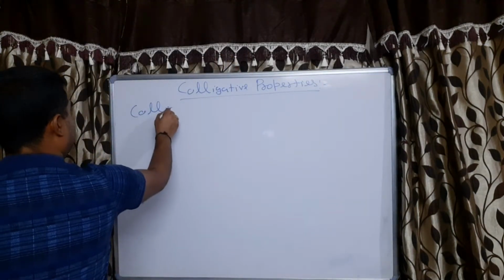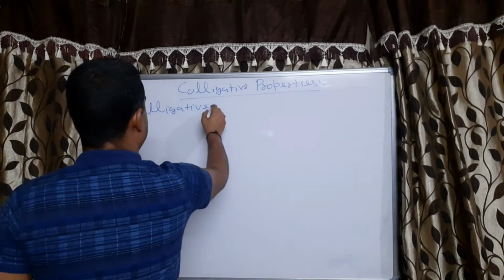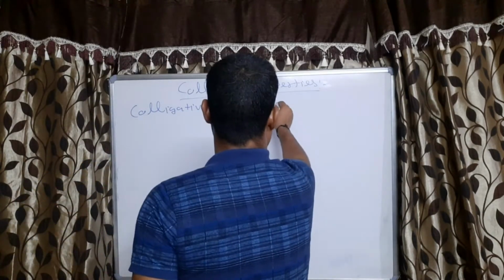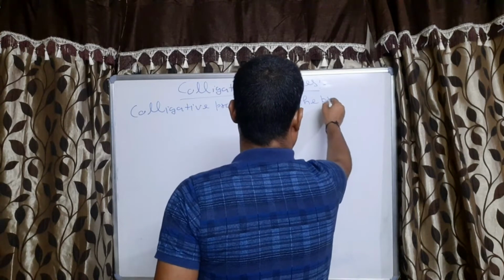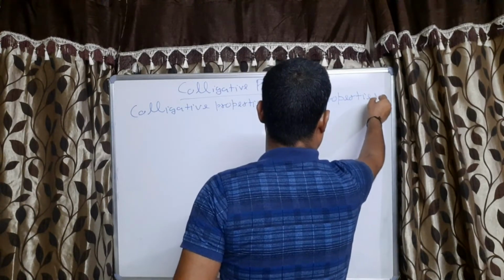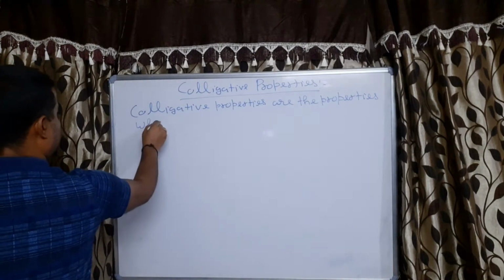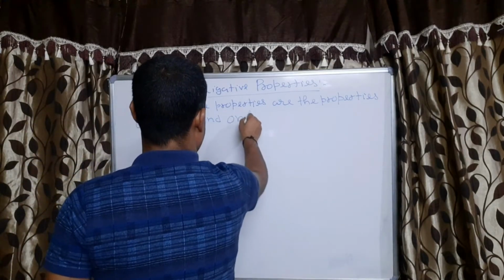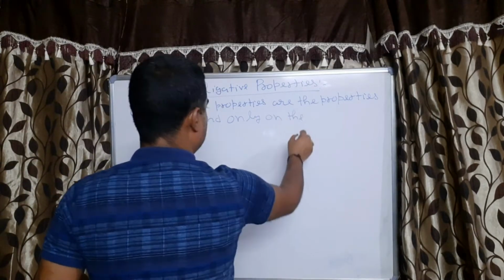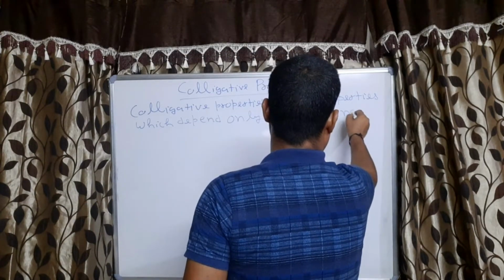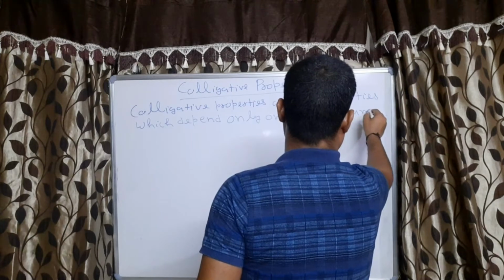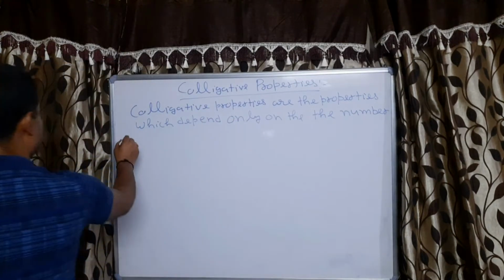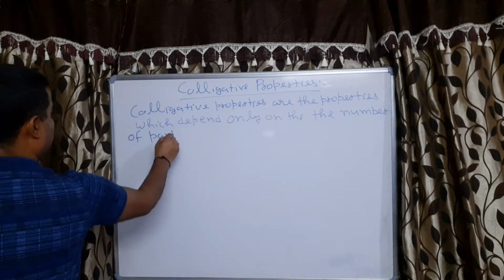So, colligative properties are the properties which depend only on the number of particles.